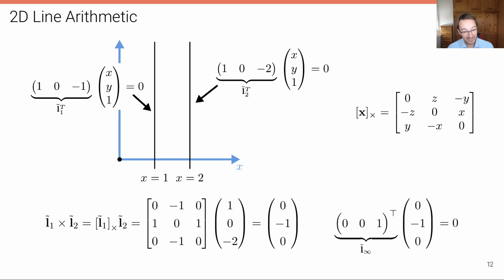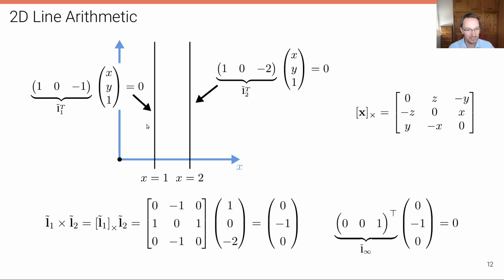We can also do the same for two parallel lines. Here we have two parallel lines, 1, 0, minus 1, and 1, 0, minus 2. If we do the same thing now for these two parallel lines, we obtain as the intersection point 0, minus 1, and 0. And this intersection point, as we can see from this homogeneous representation, is at infinity as expected.